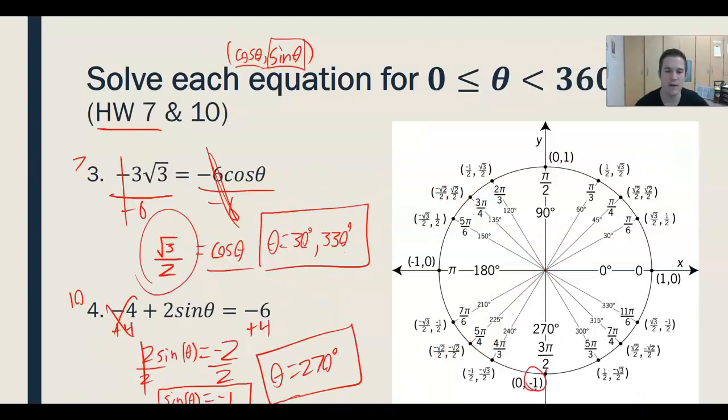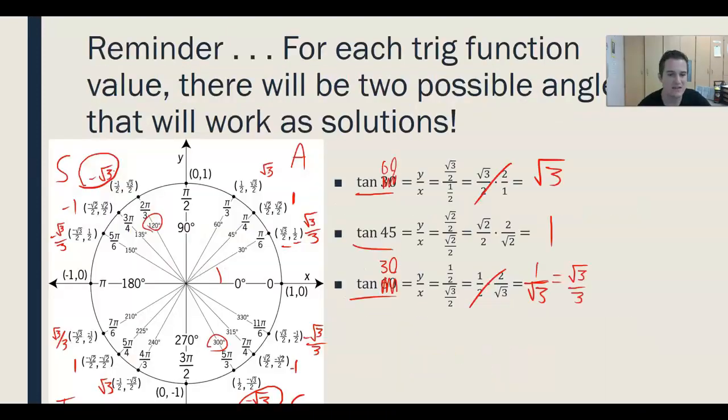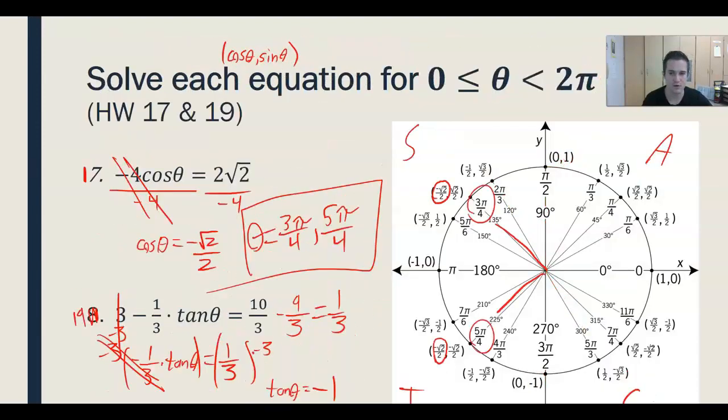I'm going to go back here just a minute. Where are my tangent values negative 1? They're negative 1 right here and right here. So let me go back over here. My tangent values were negative 1 right here and right here.